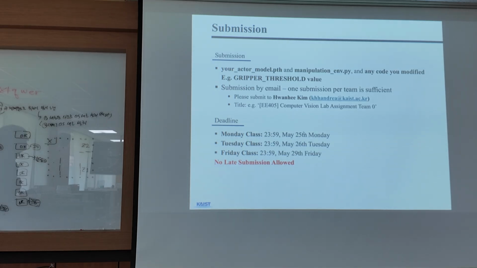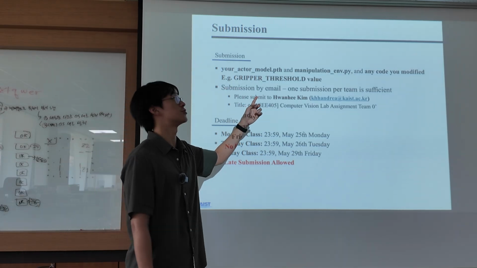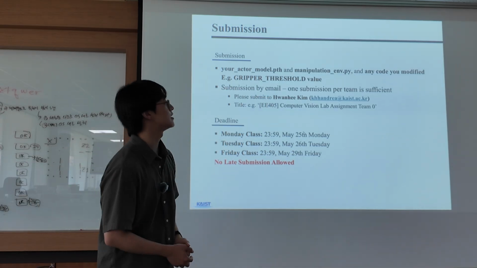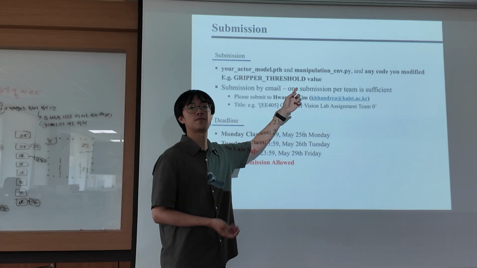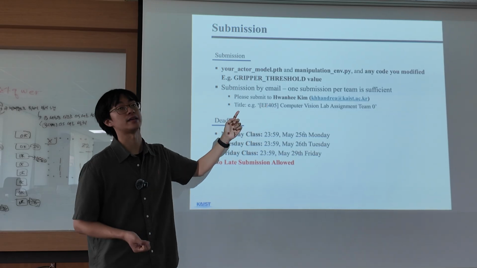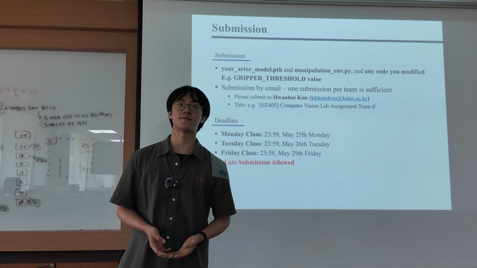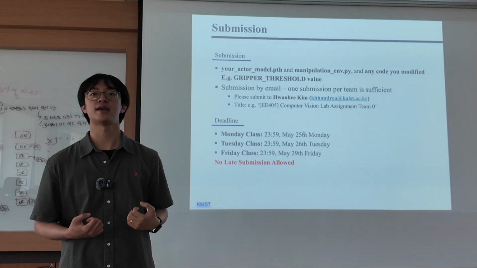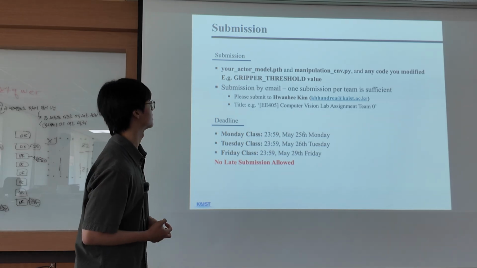You should submit your model path file, that is, the checkpoint you trained, and the manipulation inference Python file that you modified. And if you modified any other code to make it train, then you should send those files also, for the TAs to run properly in our settings.